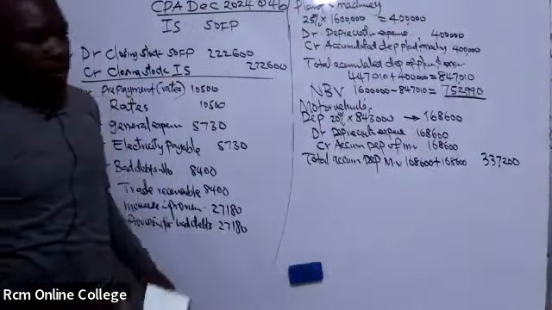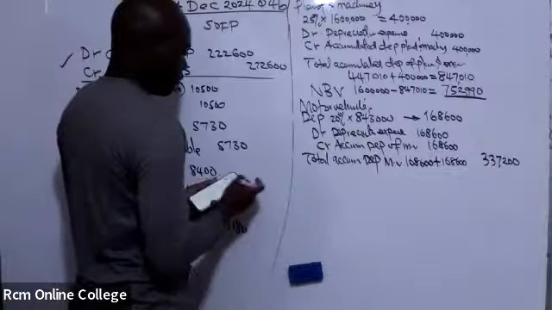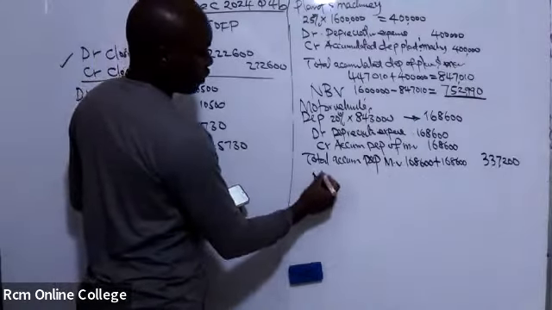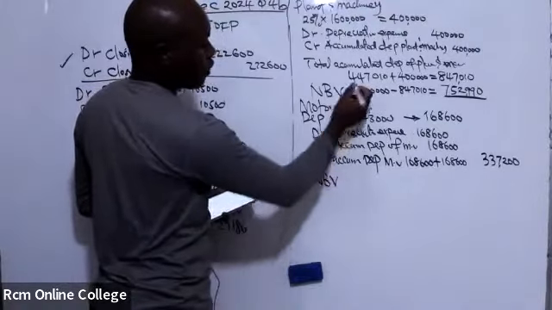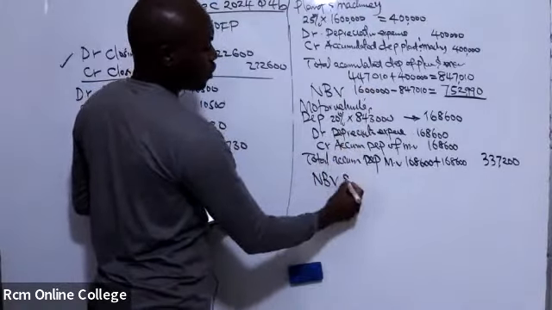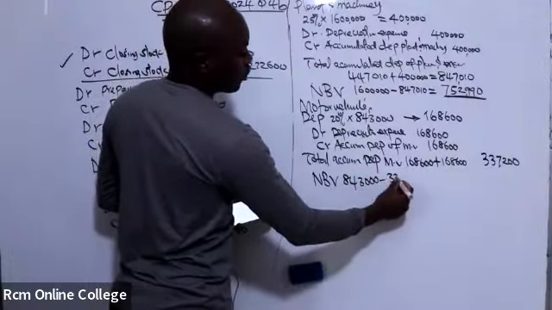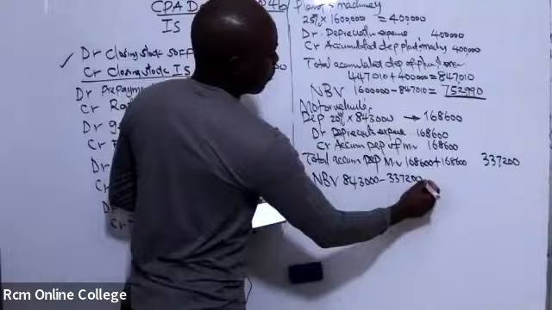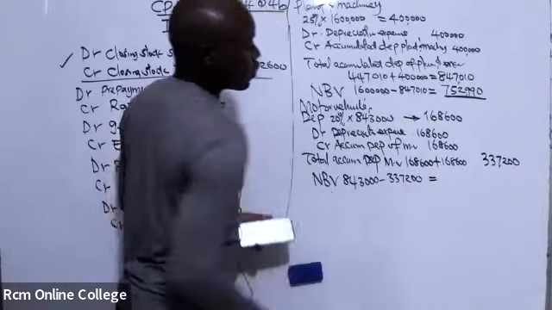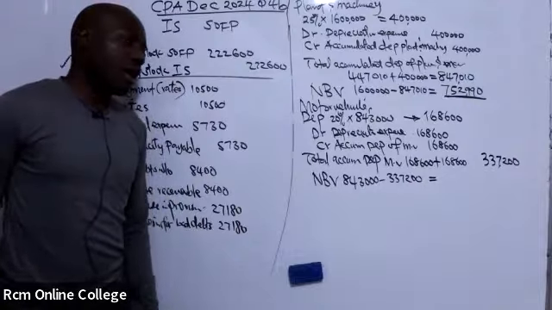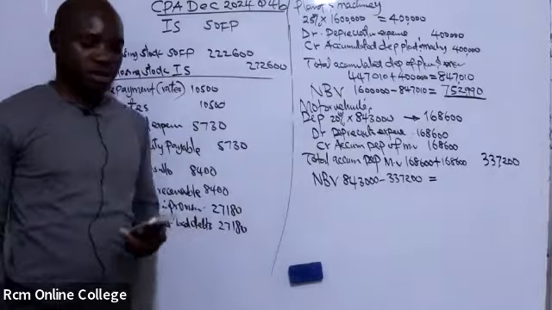337,200. Good. Now, can we get net book value? So, net book value of our motor vehicle is the cost, 843,000 minus 337,200. This net book value is what will be carried to the statement of financial position under non-current assets.